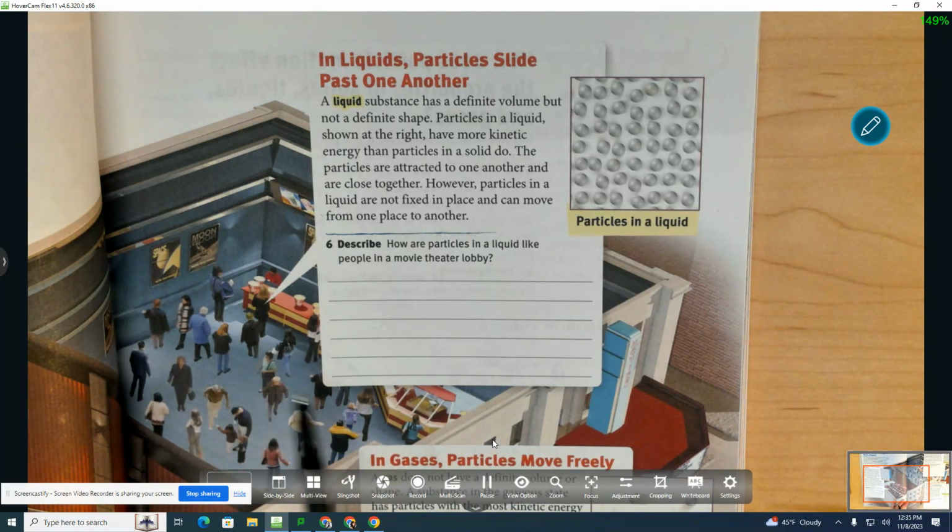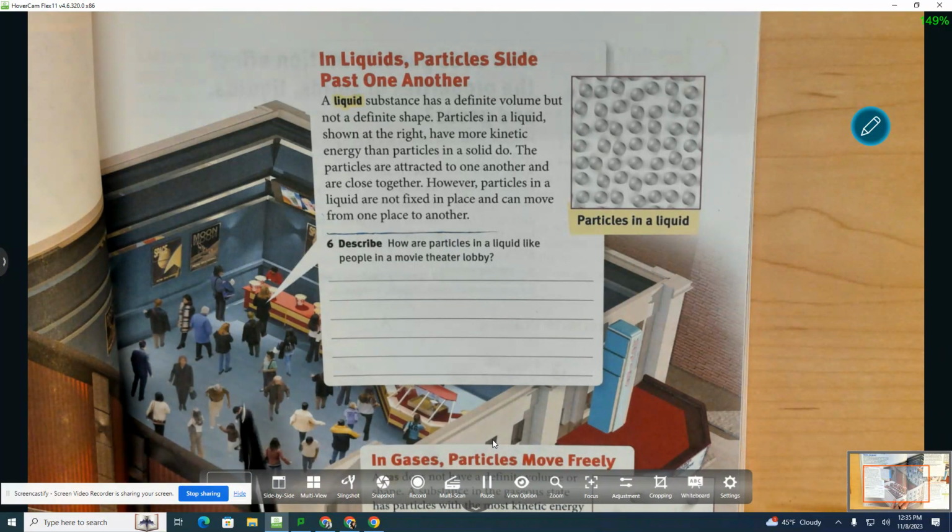They are moving around freely. They are not fixed in place. They can go from the concession stand over to the door, or they can move to this area of the lobby. They can go look at the pictures, so they can move around. But they are not very far apart. They are close together.